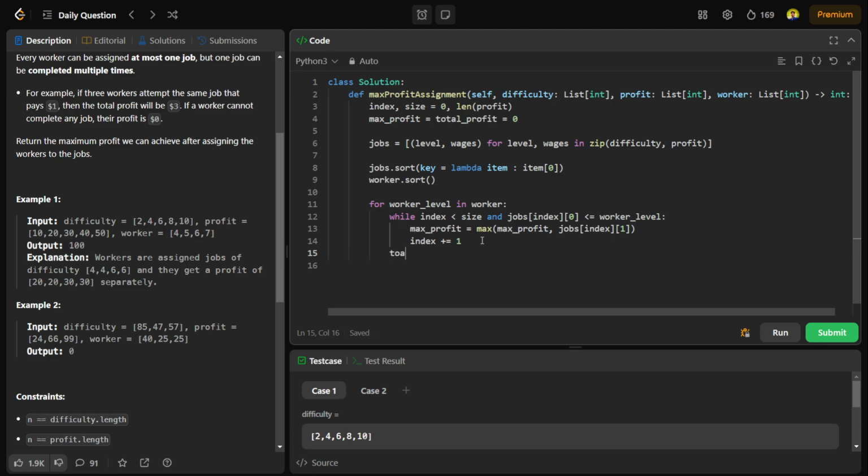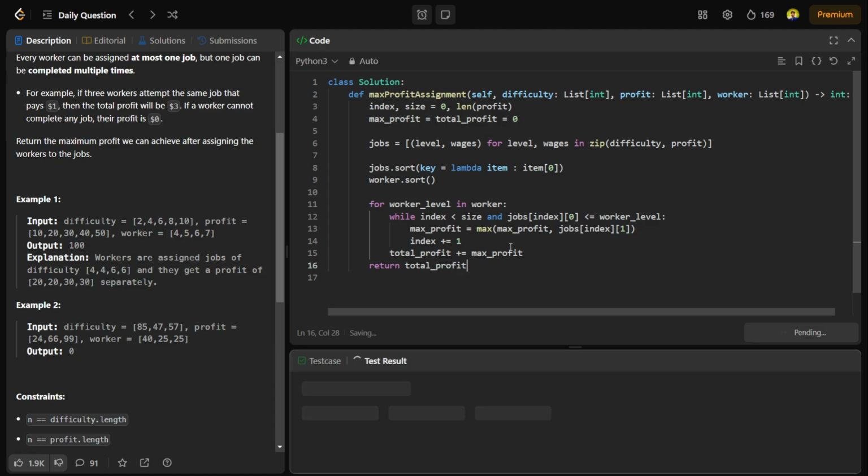So whatever maximum profit we have so far can be added to our total profit for that particular worker. At last we will be returning our total profit.